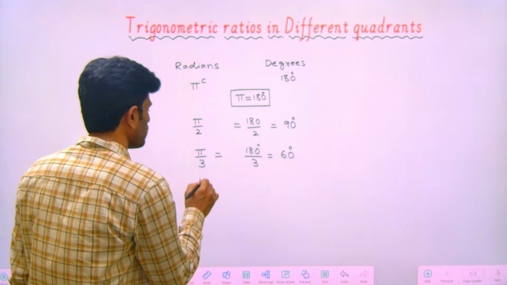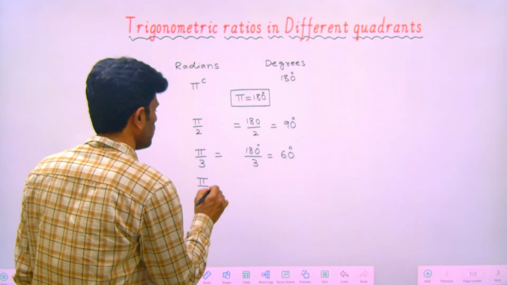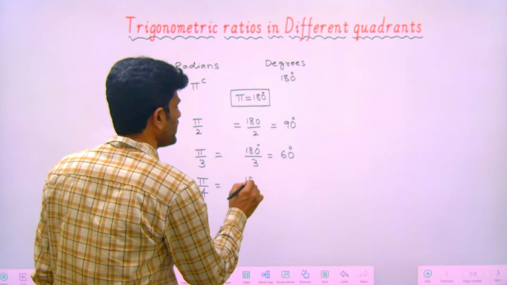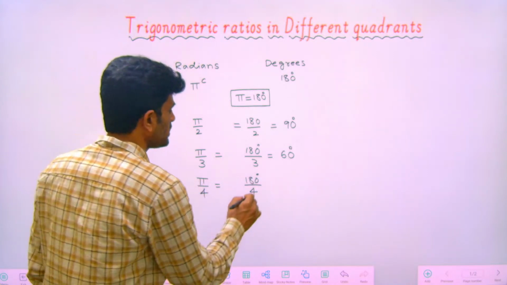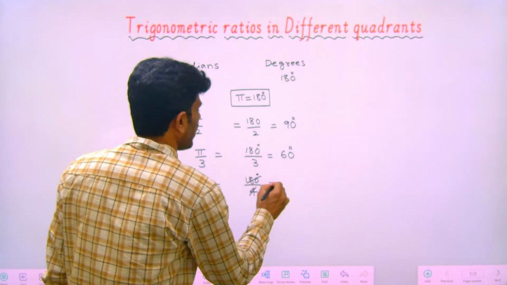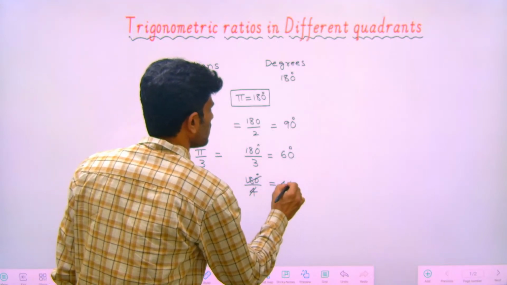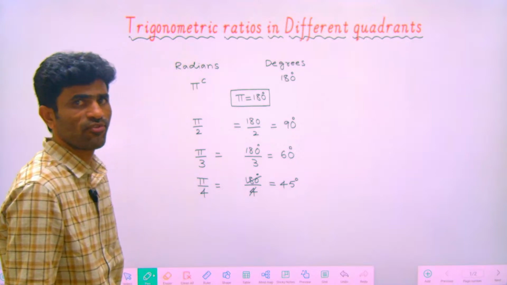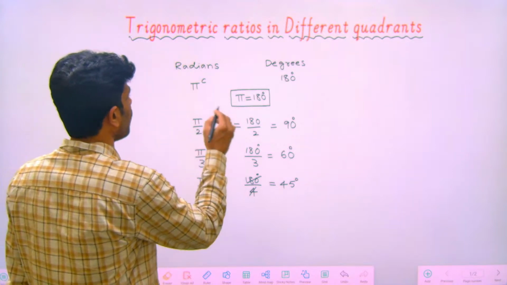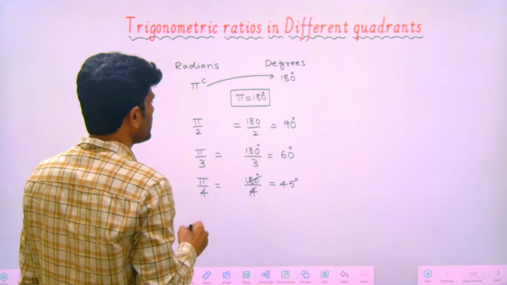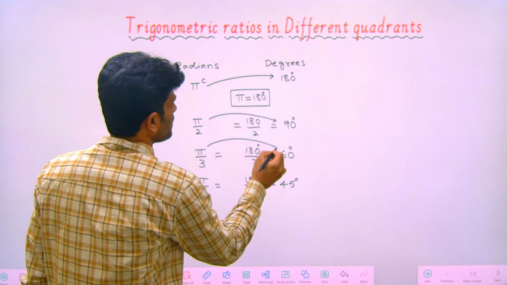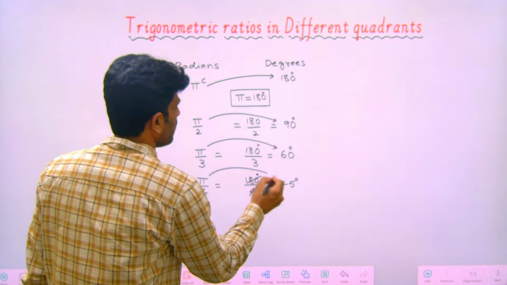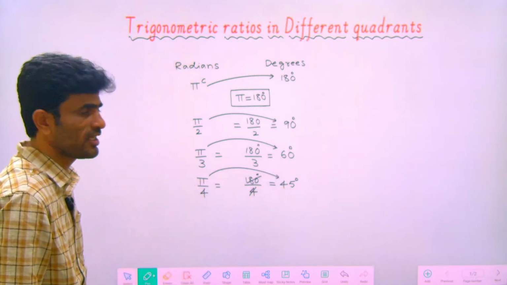Pi by 4 means 180 degrees by 4, which after cancellation is 45 degrees. So you have to know pi is 180 degrees, pi by 2 is 90 degrees, pi by 3 is 60 degrees, pi by 4 is 45 degrees.